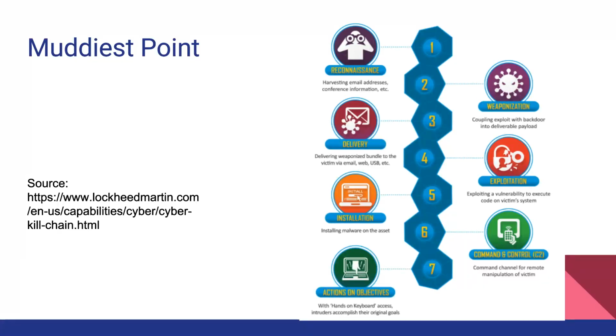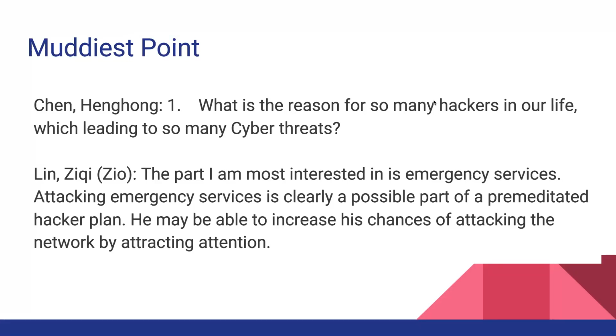There are also other steps, but they generally follow most of these. You survey, you check, you prepare, you attack. After you attack, you control, you maintain. After you're done, you basically delete all your traces.